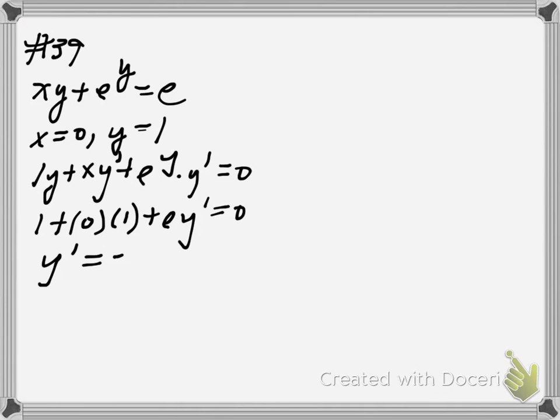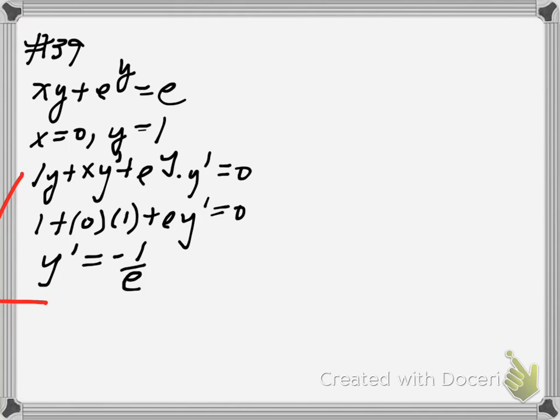And solving for y prime, you're going to get negative 1 over e. So that's what y prime is. So we know that x is 0, we know that y equals 1, and we know that y prime is equal to negative 1 over e.